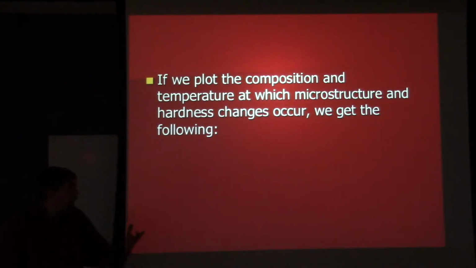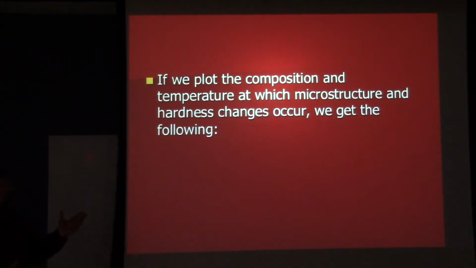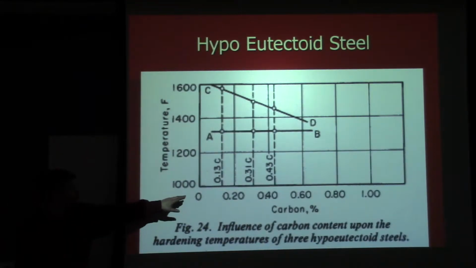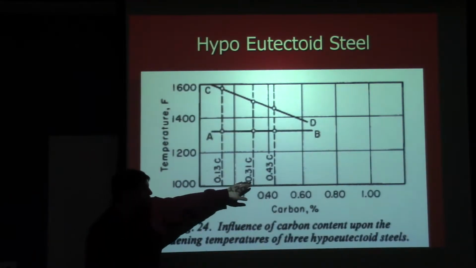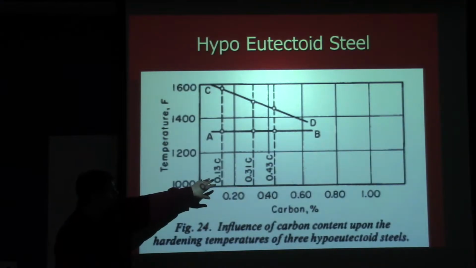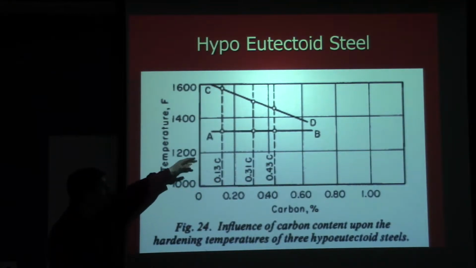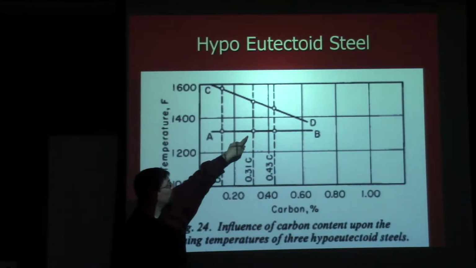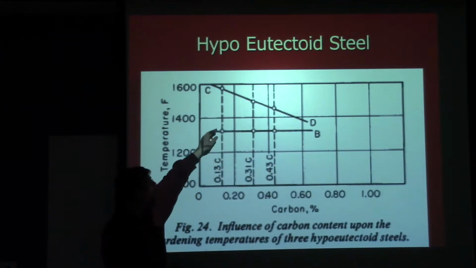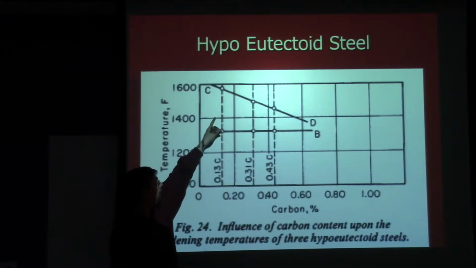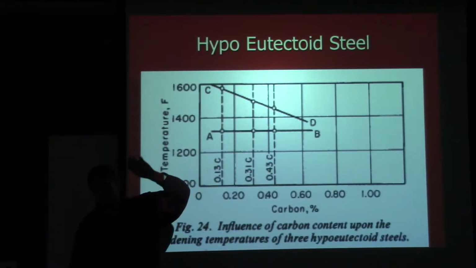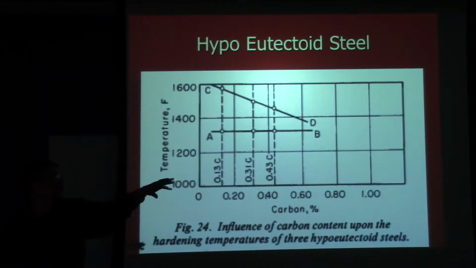So we're going to summarize all of his work by doing a little bit of graphing. And when we do that, we get this. So here's our carbon contents. These are the first ones. These are the hypoeutectoid steels. And we can see that he started to get transformation in all cases at this temperature. But as he went up, he had to go to higher and higher temperatures as the carbon was lower to reach a point at which he wasn't getting any further change, right?